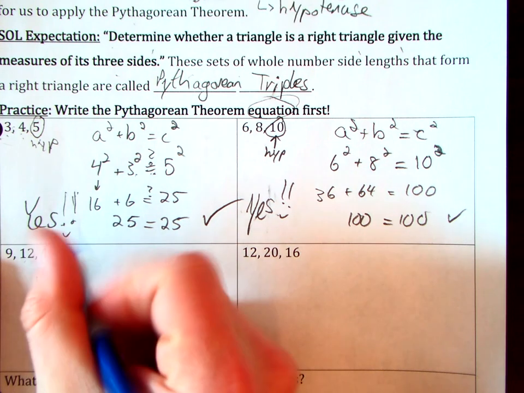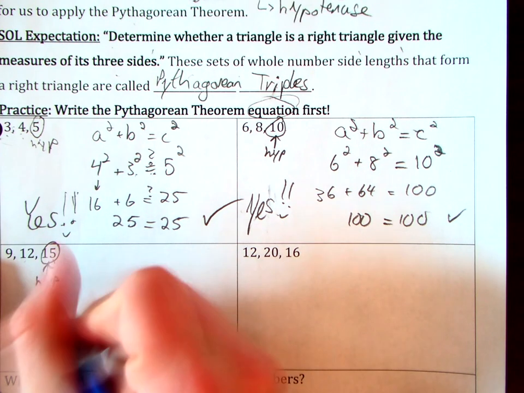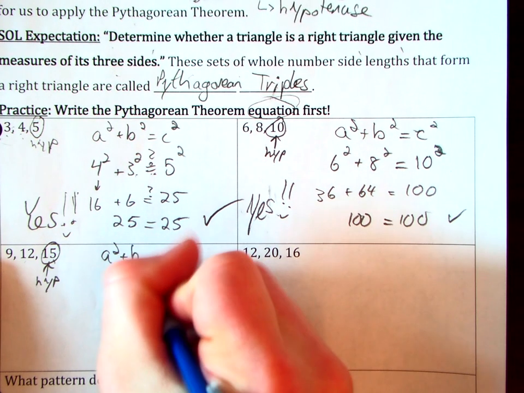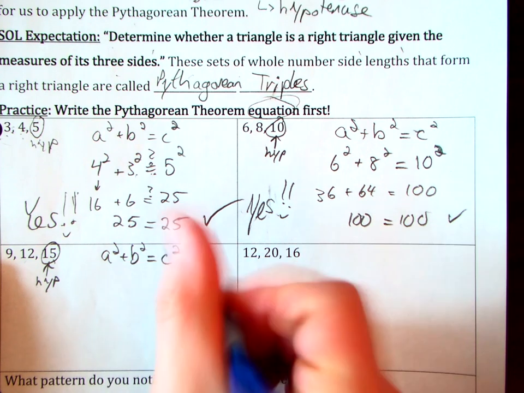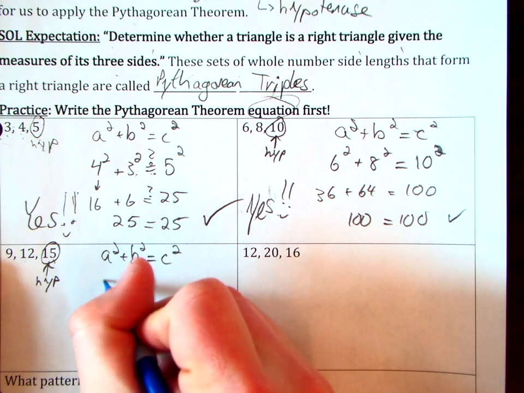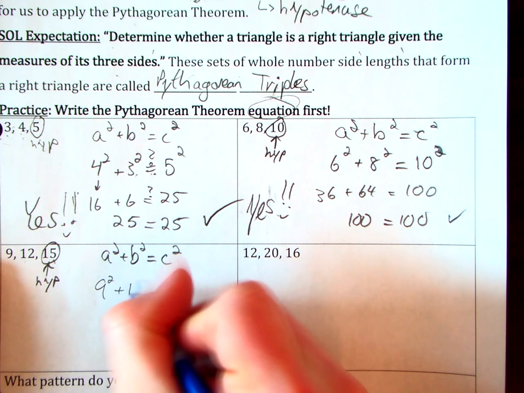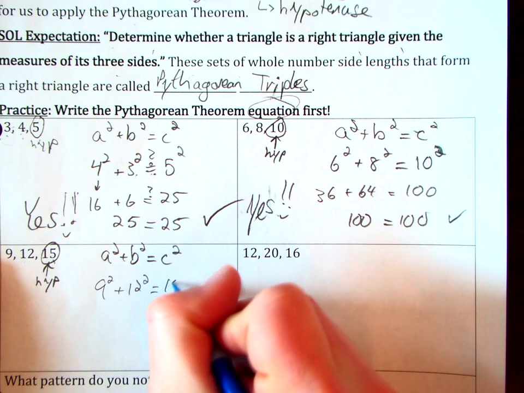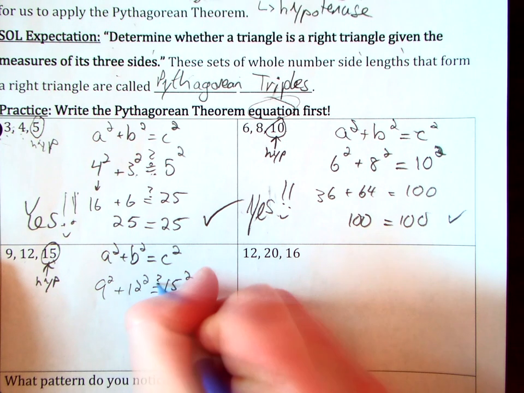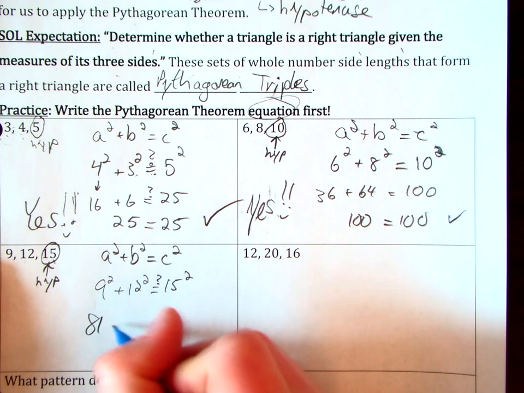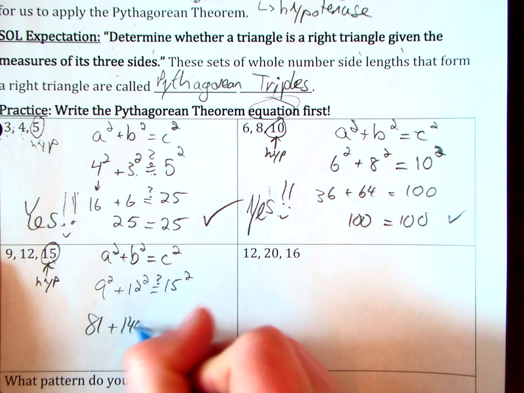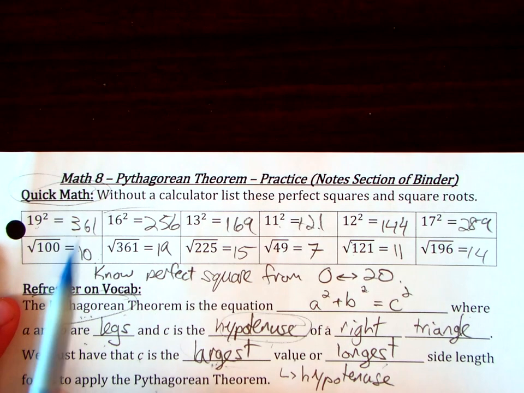And so now we have a squared plus b squared equals c squared. All right, so plug in our values for the variables. So we got 9 squared plus 12 squared equals 15 squared. Is this a true statement? Let's find out. 81 plus 144. Got to know those. Quick math.